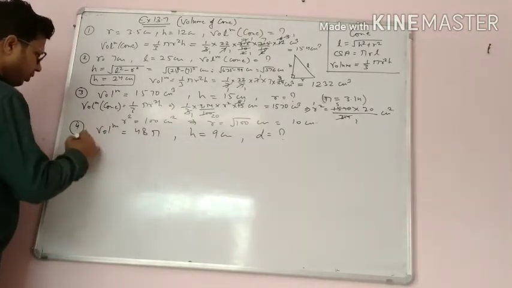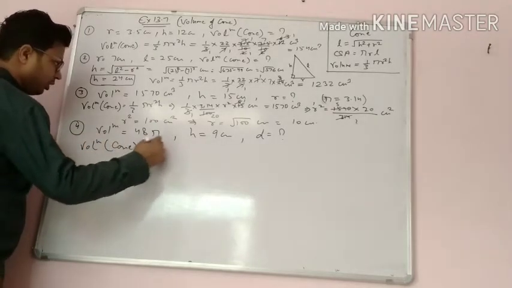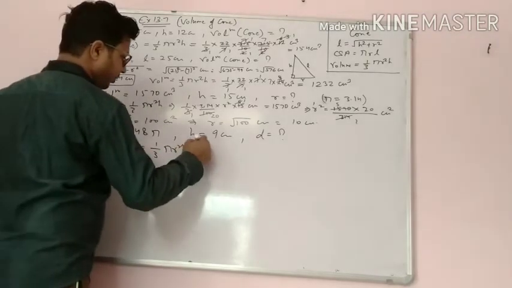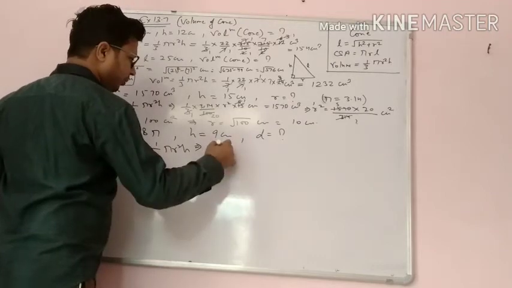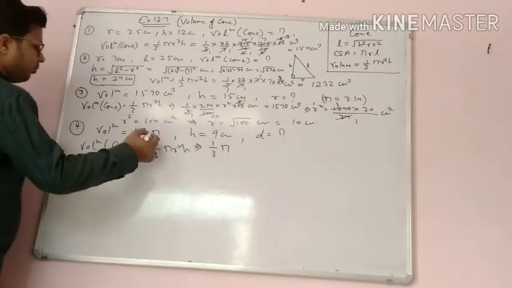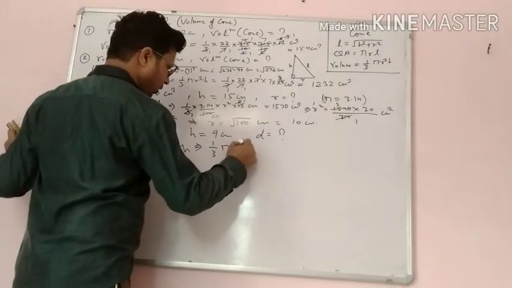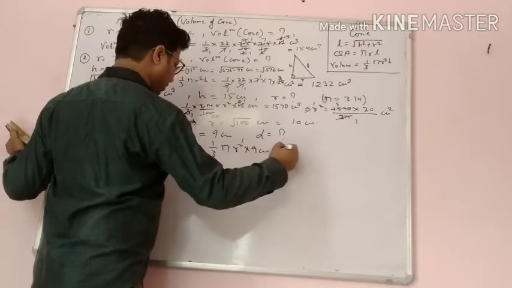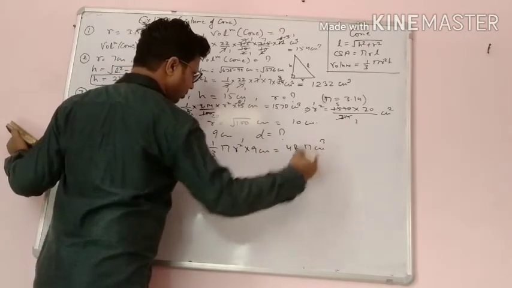According to that, the volume of a cone is given by 1 upon 3 pi r square h. If you replace that, 1 upon 3, pi will remain the same because pi is given in the question. That's why we kept it the same. r square times h, which is 9 centimeter, is equal to 48 pi centimeter cube.